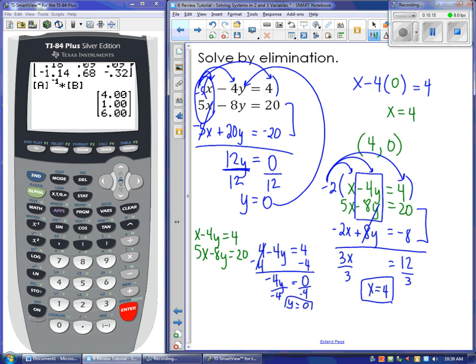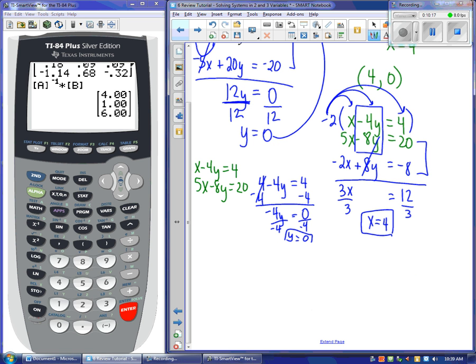If I want to solve this system using matrices, now I'm looking at doing a 2 by 2 matrix. My A matrix is going to look like 1, negative 4, 5, and negative 8. My variable matrix, X, is just going to be x and y. And my B matrix, my solution matrix, is going to be 4 and 20.